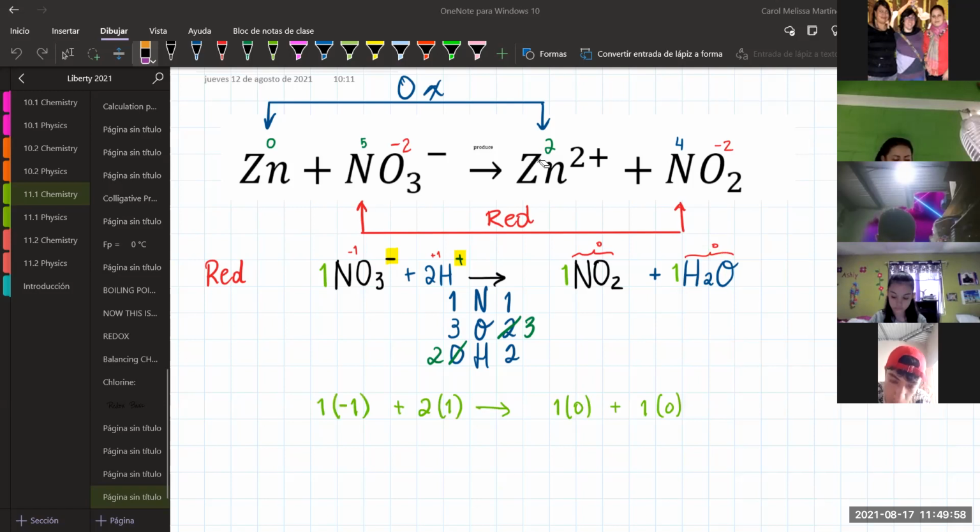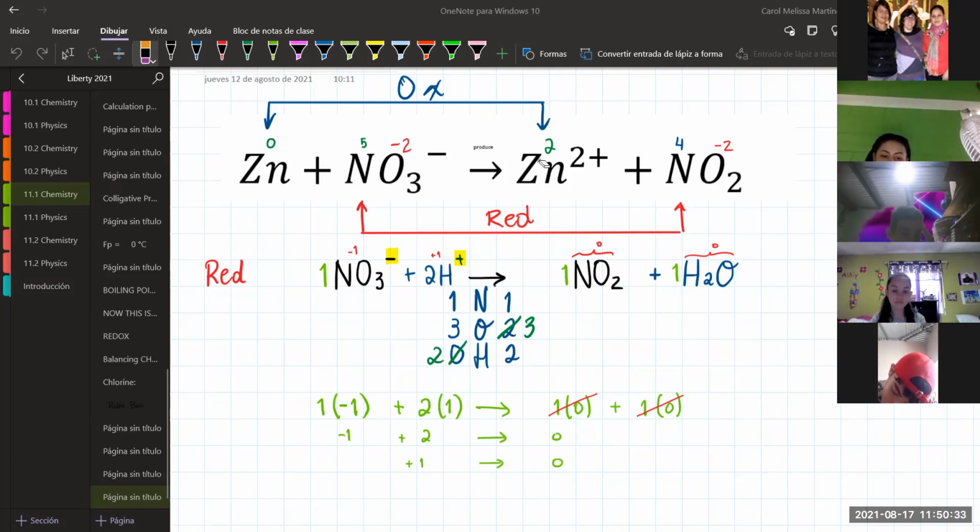You know that when you multiply 2 times 0, you're going to have 0, so these terms are going to be cancelled. And in here you will have 1 times negative 1 is negative 1, and 2 times 1 is plus 2, and on the other side you will have 0. Negative 1 plus 2 makes positive 1, producing 0. Now, you see, the charges are not balanced.